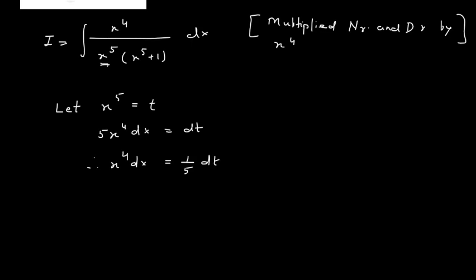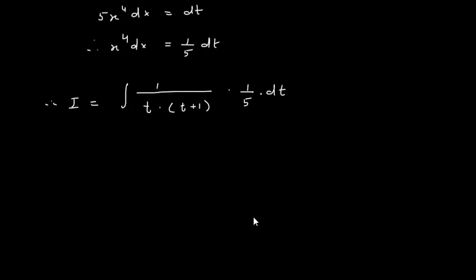Now my integration, this I equals integration of 1 upon x power 5, here x power 4 into dx will become 1 upon 5 dt. So I will write this as 1 upon t into (t plus 1) into 1 divided by 5 into dt. Now 1 divided by 5 I will take common.